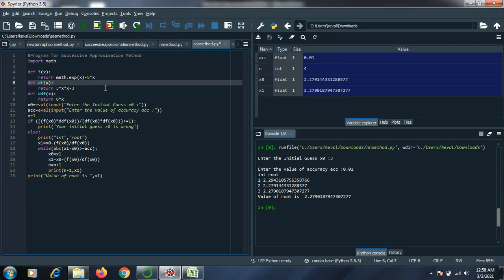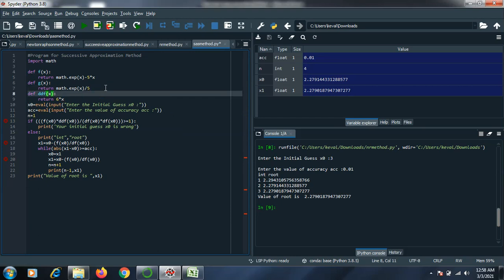In the sixth line, we need to define g of x, not f of x. So what will g of x be? It will be equal to e raised to x divided by 5. So here I am going to use math.exp of x divided by 5.